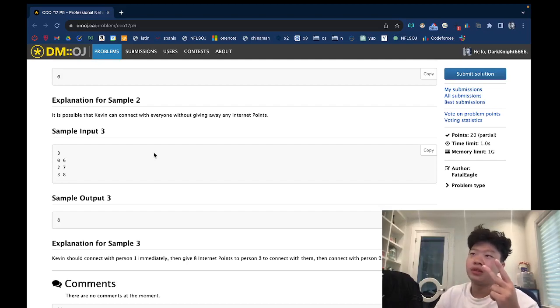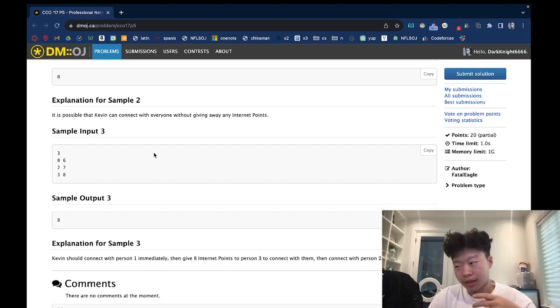There are 2 ways we can approach this problem, and we can solve it 2 ways. I'll talk about the first way first. You can think about it as who will you not buy? You can sort based off the a value, which is the number of people it needs to be friends with first.